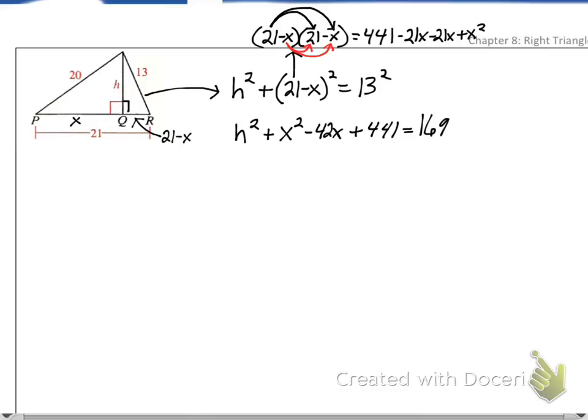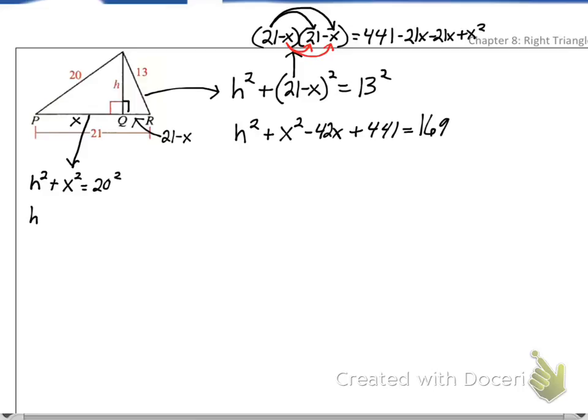What else I can do is look at this other triangle. I got this other triangle right here. That's also a right triangle with legs h and x. This one's a lot easier to write because it's just h squared plus x squared equals 20 squared.